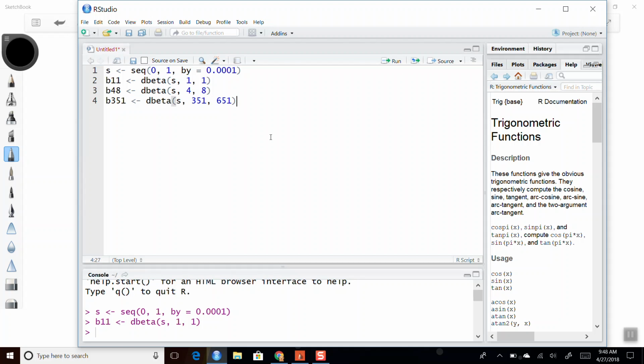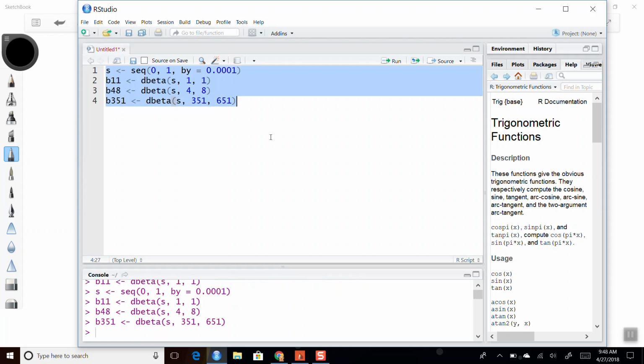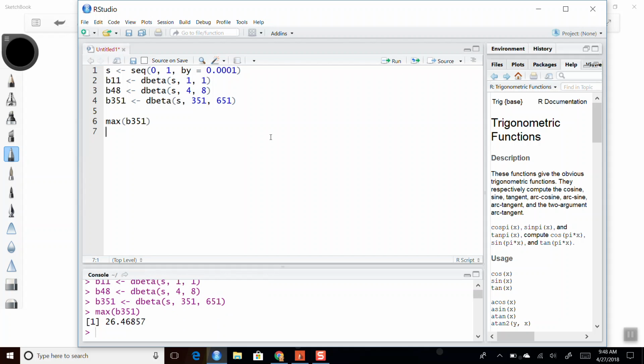Okay. We will execute all of this. Let me find what the max of B351 is. 26, oh boy.